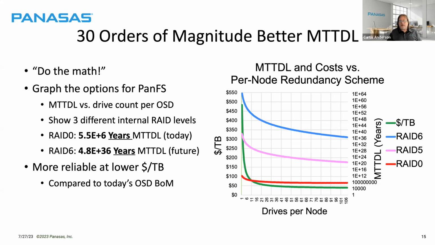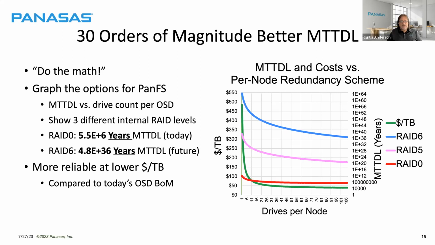Now, in practice, that doesn't mean your storage is going to be alive for 5.5 million years. It means that the odds of a failure in the short window called the human lifetime are much lower. If you go to RAID 6, 4.8 times 10 to the 36th. Well, that means that the odds of failure during your lifetime are much, much lower. So that's the message to be taken from this.